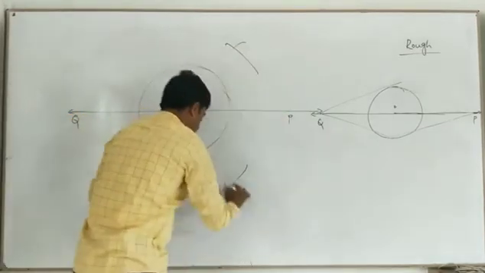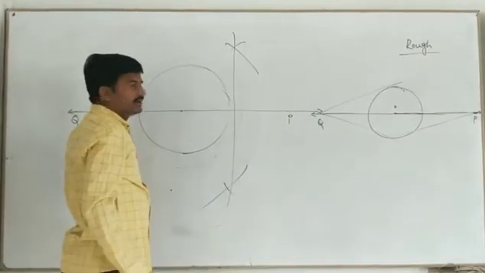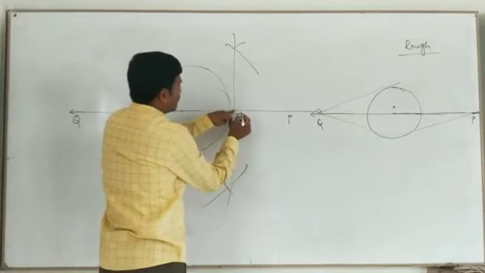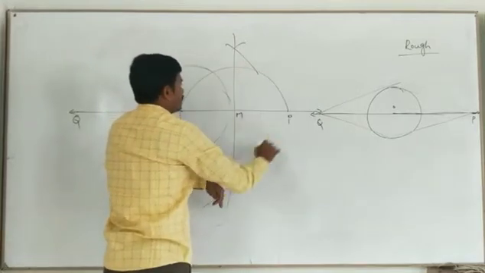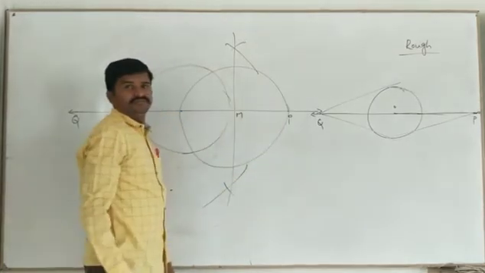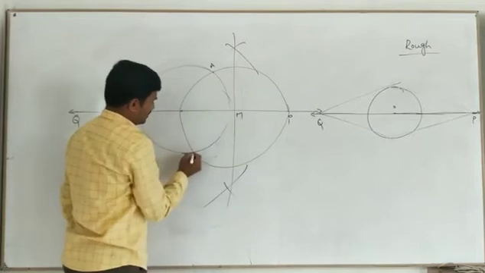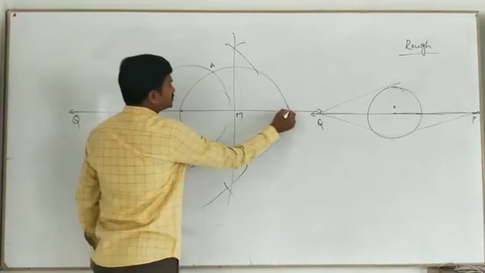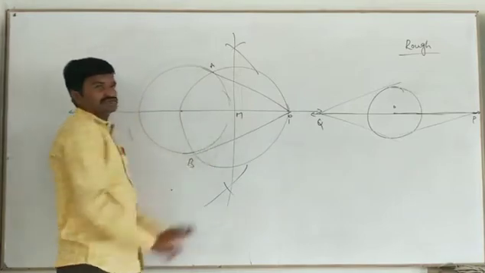Again, from there. This is M. From M, with MP as a radius, draw one circle like this. Now name this as A and this as B. Join PA, PB. Two tangents we got.